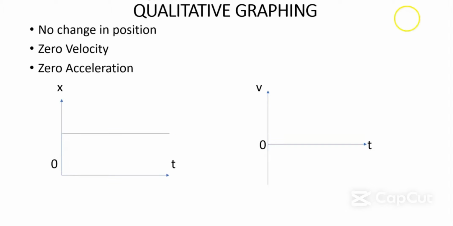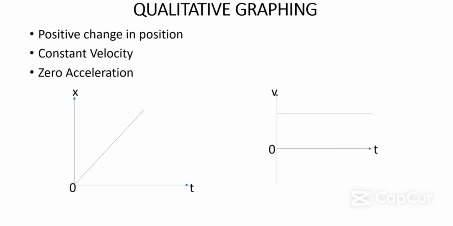Okay, let's look at the next one. In this case, either of the following two graphs represents an object moving at a constant velocity in the positive direction. The object starts from here, this is the beginning of the position, then it keeps moving and travels up in this direction.